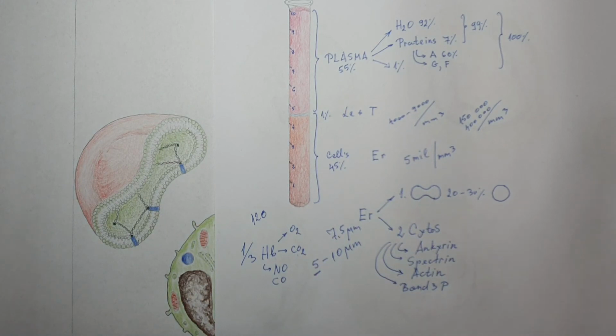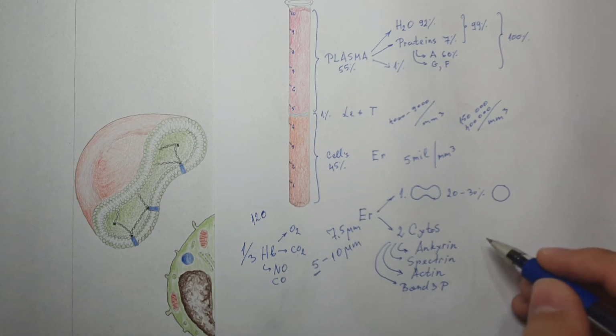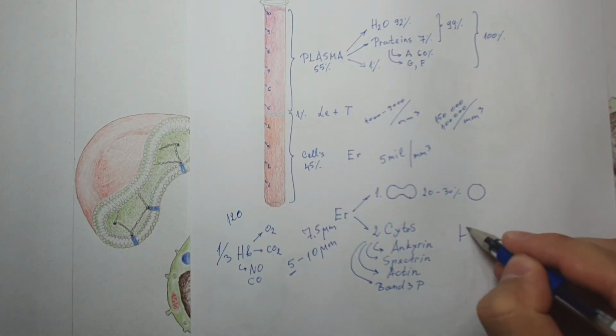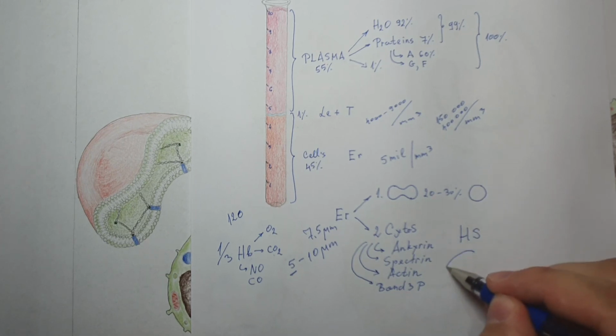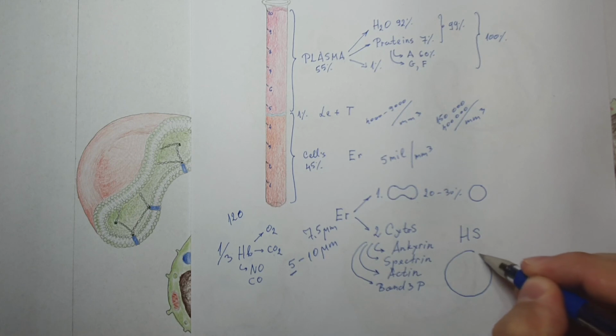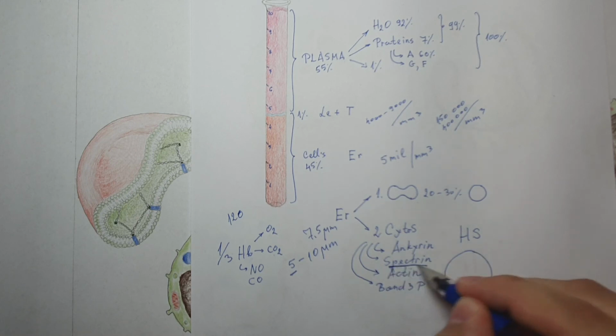So there are actually diseases in which gene mutations make faulty proteins or proteins that don't have this physiological structure, like hereditary spherocytosis. In this disease, the erythrocyte actually has a spheric shape because of a mutation in spectrin.